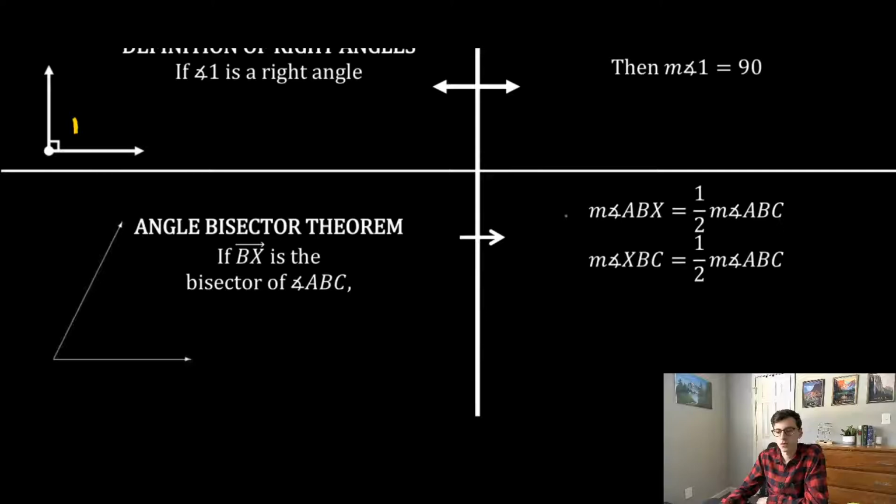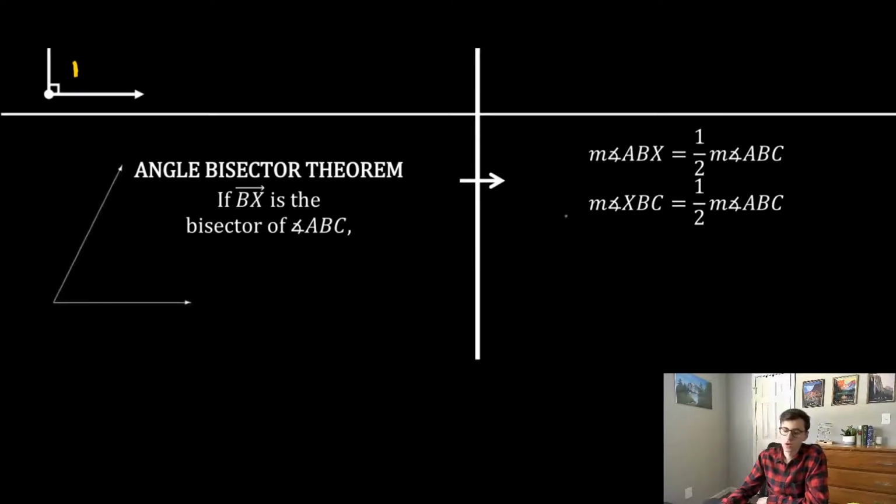Okay, so this is the last part, and for now I'm just going to talk about it. In another video, I'll prove it. Okay, so the angle bisector theorem: if BX is the bisector of angle ABC, so here's A, here's B, here's C, and we have ray BX, and it's called the bisector.